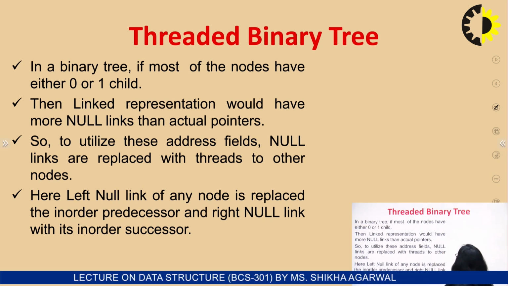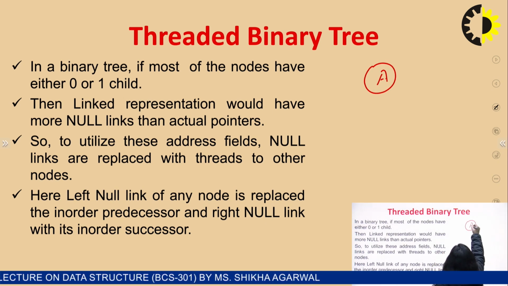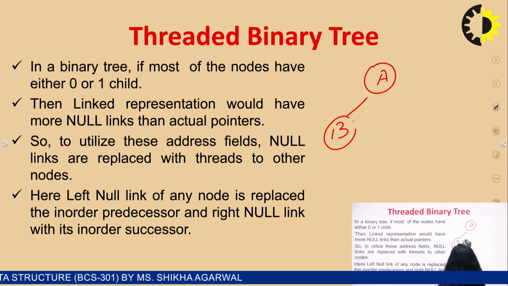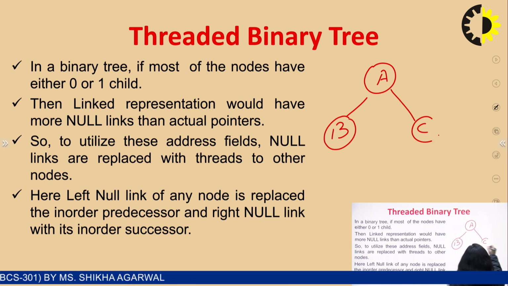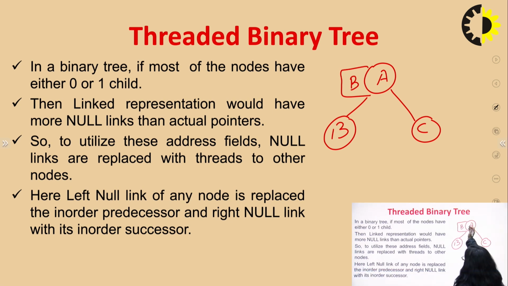Suppose we have a tree like this: A, B, and C. In this particular binary tree, A has the address of node B, because it is the left child, and the address of node C, because it is the right child.